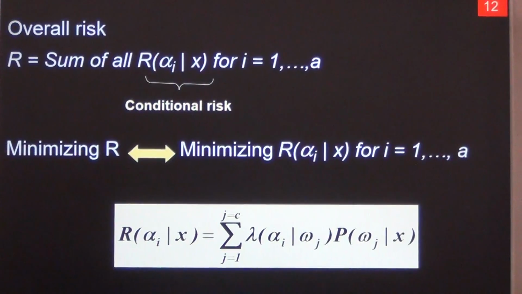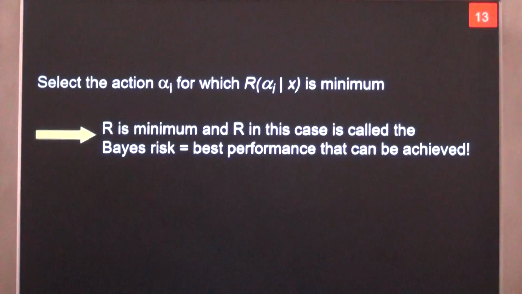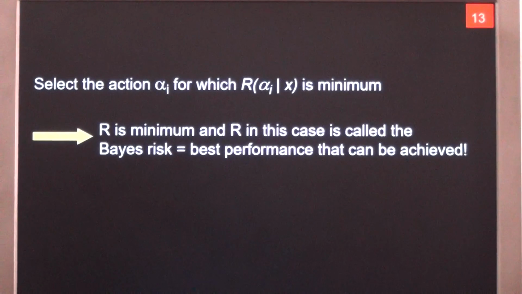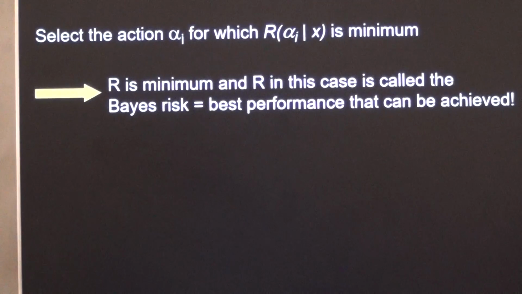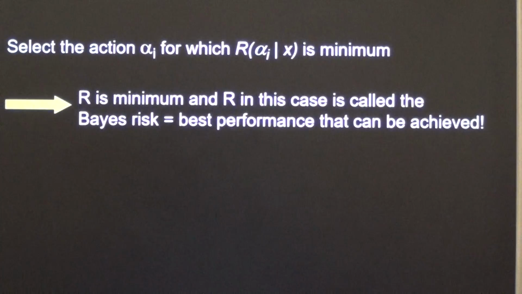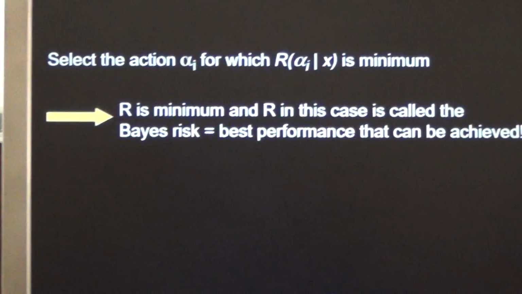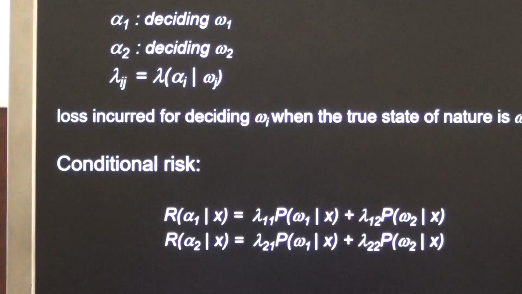Minimizing this risk means minimizing individual risk. So by the formula, we have to select the action alpha j for which the risk R(alpha j | x) is minimum. R means the risk is minimum, and this R is called the Bayesian risk, which is equal to the best performance that can be achieved.